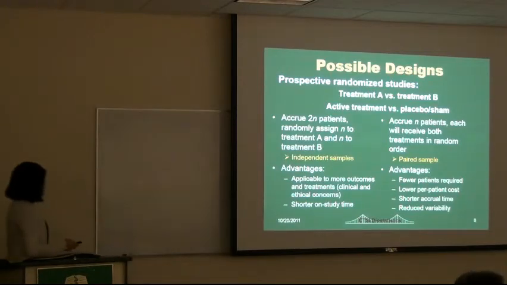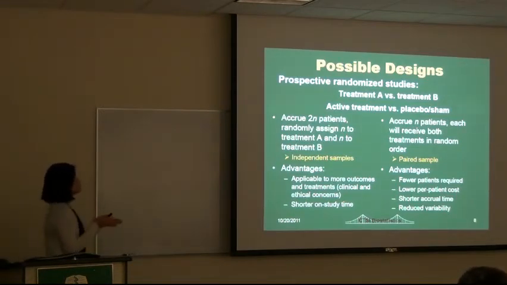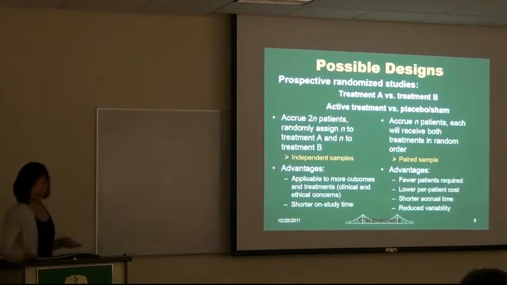So that's the advantage of the pair design. You have shorter accrual time. And again, if you compare the outcomes of treatment from the same patients, you reduce the variability, so you don't have to worry about between-patient variability when you compare the treatment outcomes.